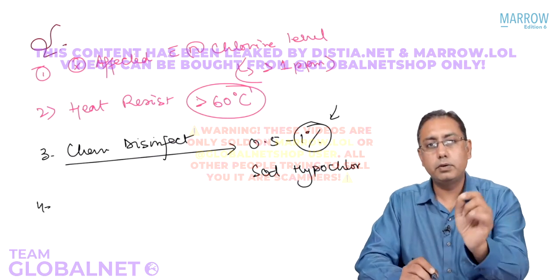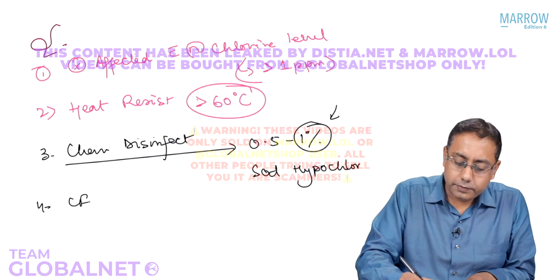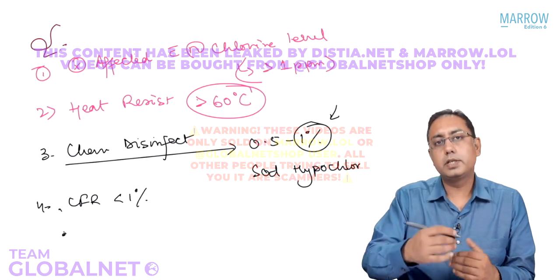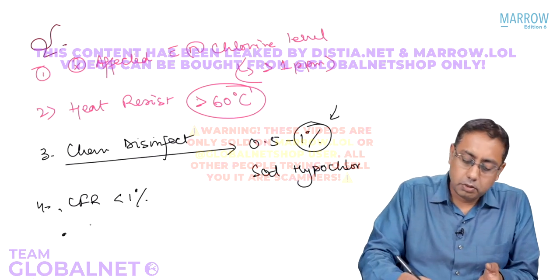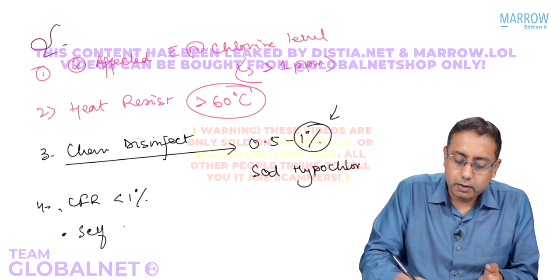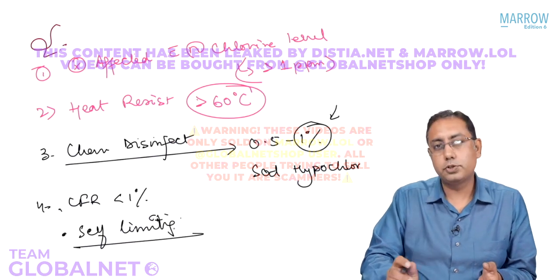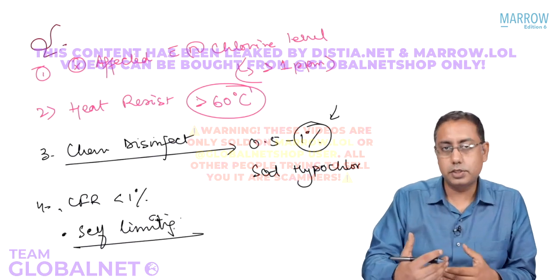And last is about the disease. The case fatality rate is less than 1% and 98% are supposed to recover. So usually we call it a self-limiting disease. But the problem is the morbidity which is associated, the level of jaundice which is associated.